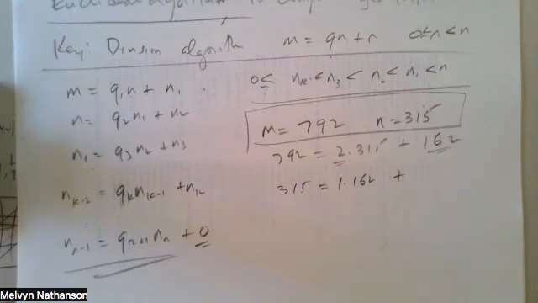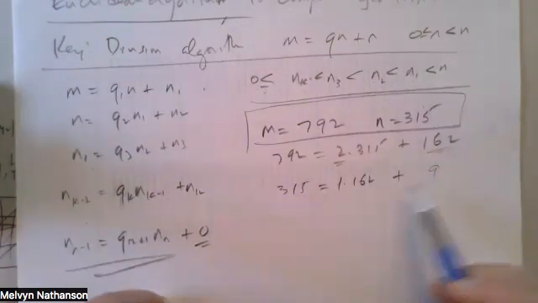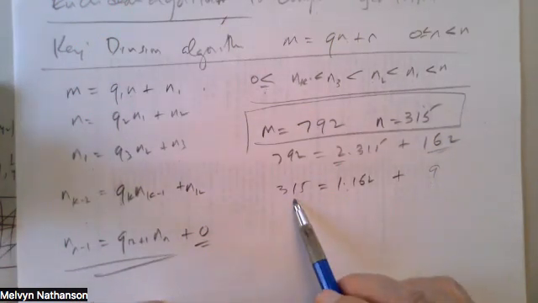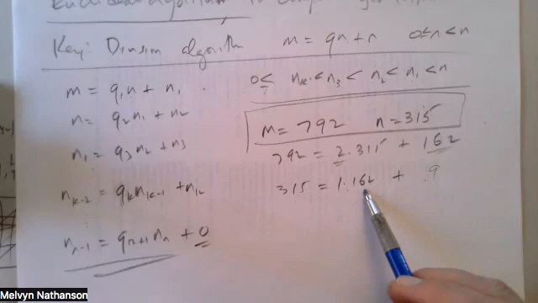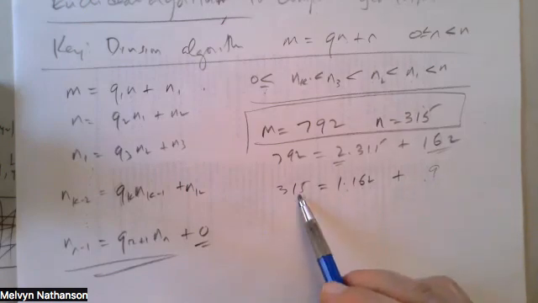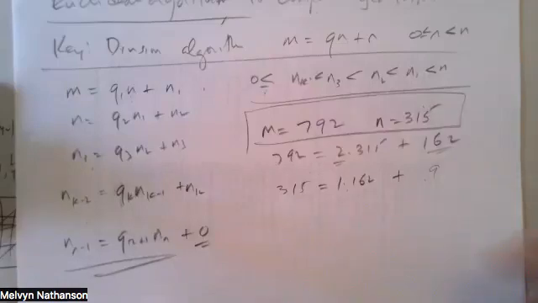Is it 9? Is 162 plus 9 equal to 315? No, obviously not. 162 plus 9 is 171. It's not 315.